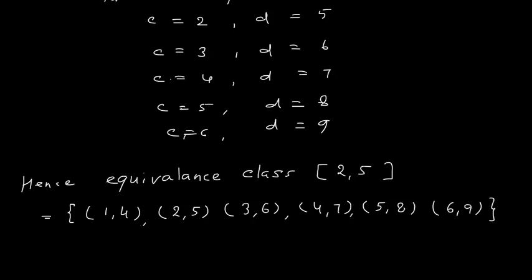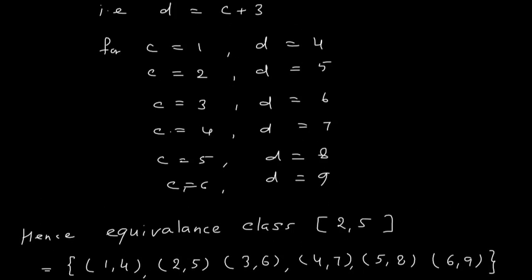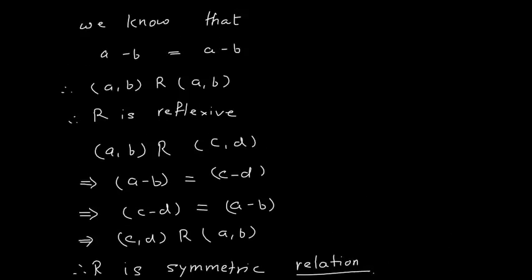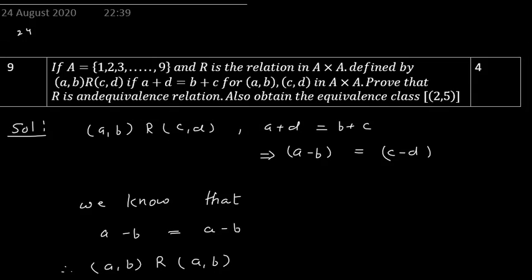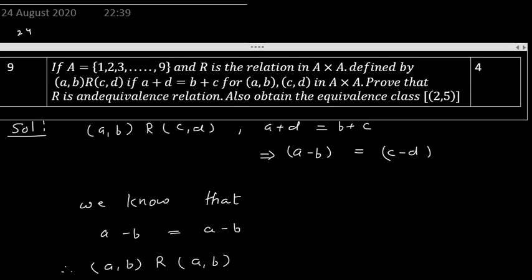So this is my equivalence class. Simple question. So we have proved that this relation is an equivalence relation, and we have found out the equivalence class of this (2, 5).